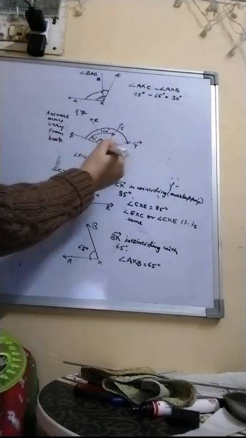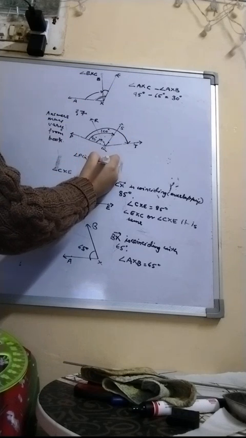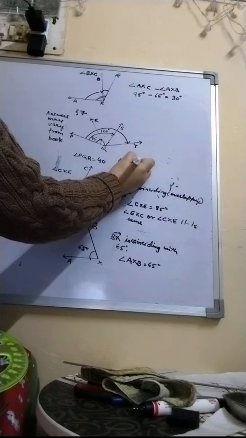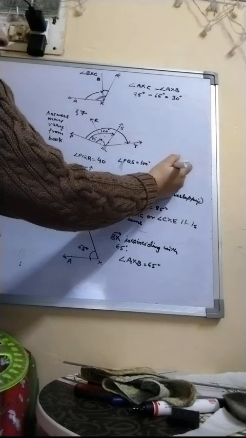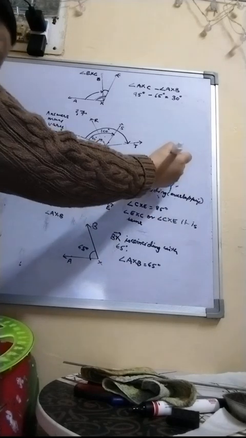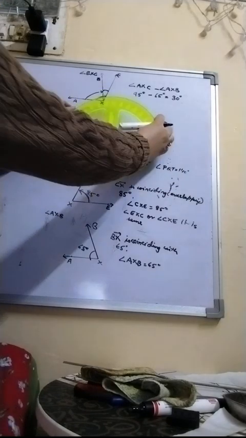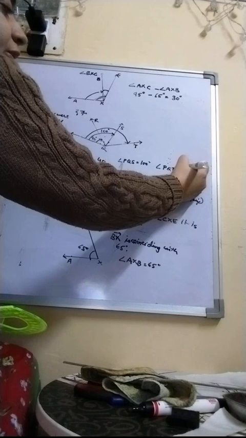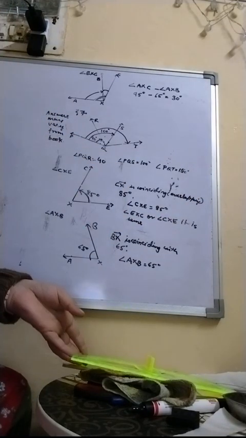So your angle PQR is 40, angle PQS is 100 and angle PQT is, sorry, 150 we got. So this is your angle PQT.